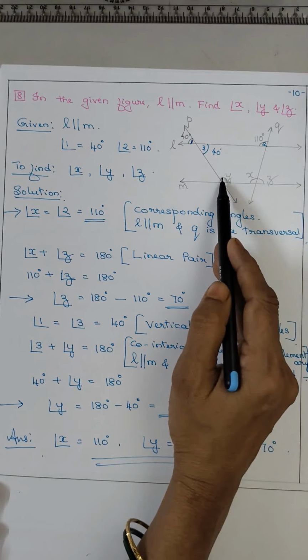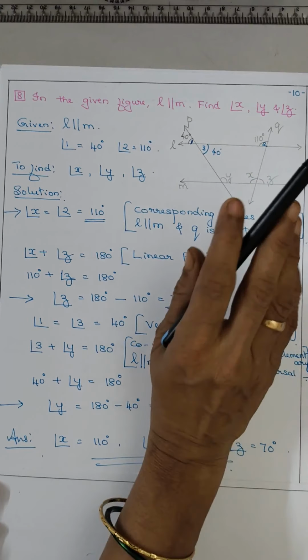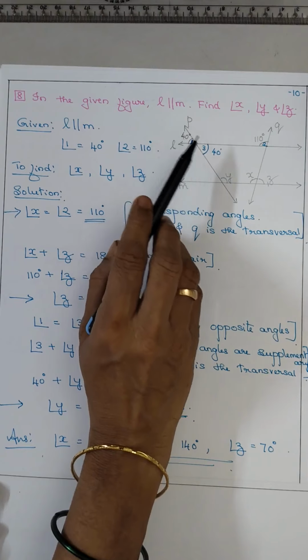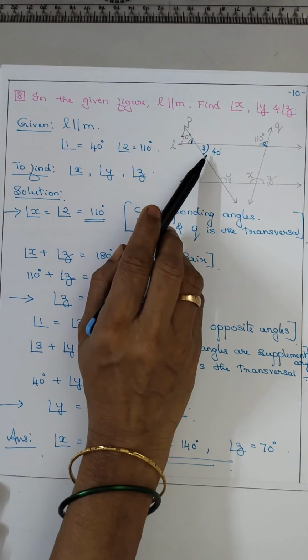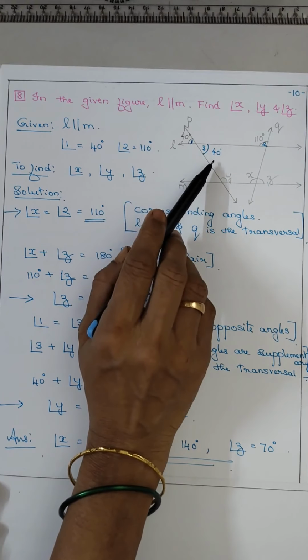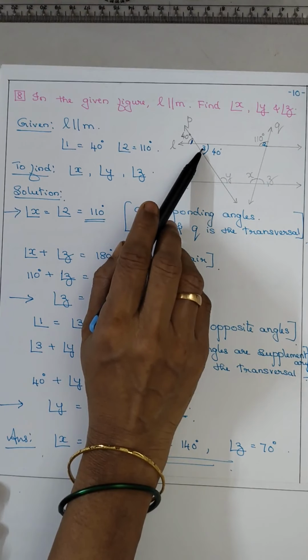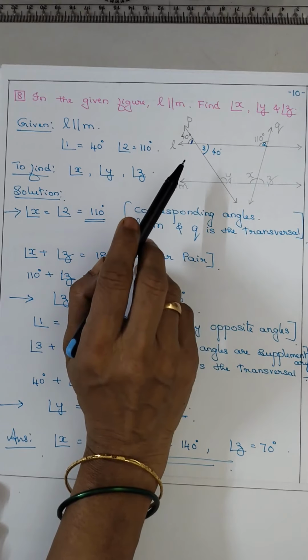Now for Y, first you have to see 40, this angle is given, so 40. This angle is 30 and 40, sorry, angle 1, angle 3, 40, vertically opposite. Then you tell this, angle 3 plus angle Y is equal to 180.